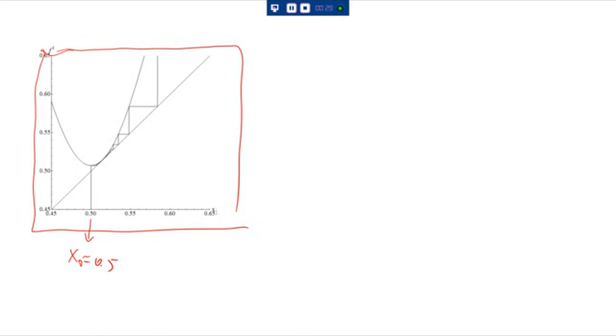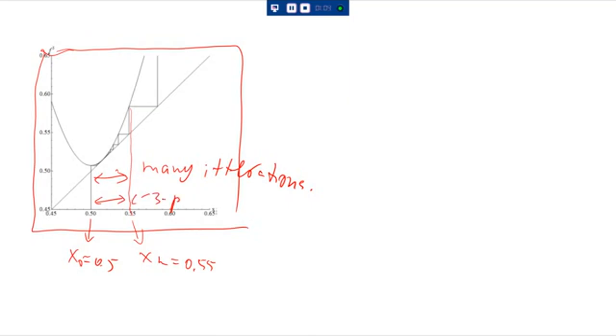Then it will take quite a while, there will be many iterations before it gets here, say x_m is 0.55. What eventually happens is that what we have here is a three-periodic solution, and outside, chaos.